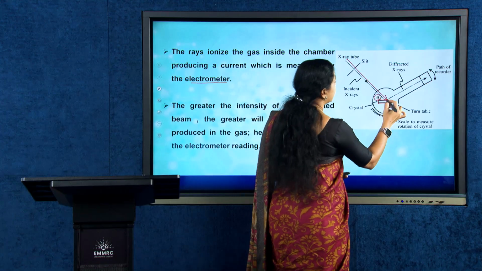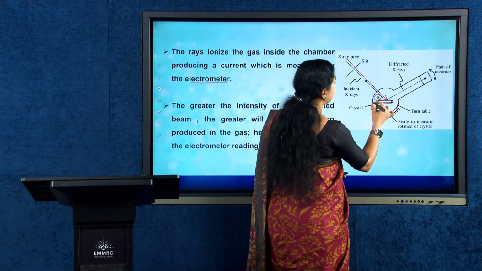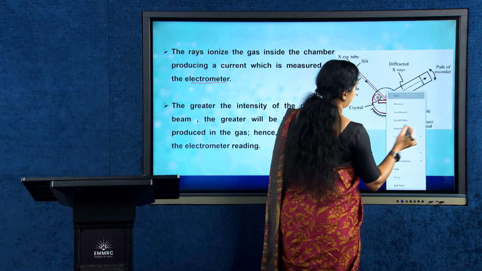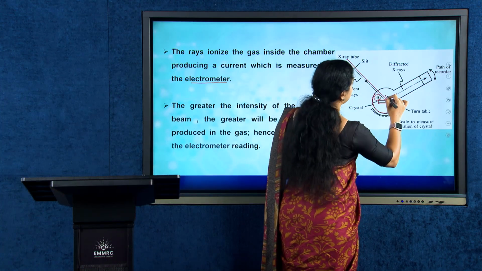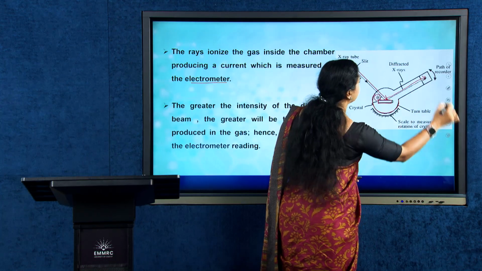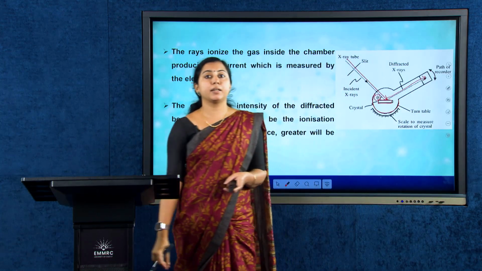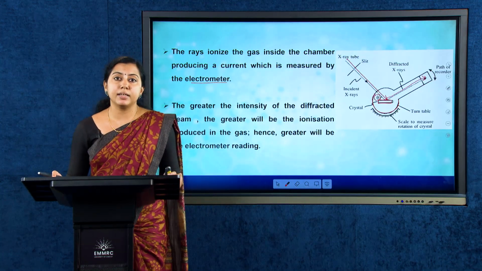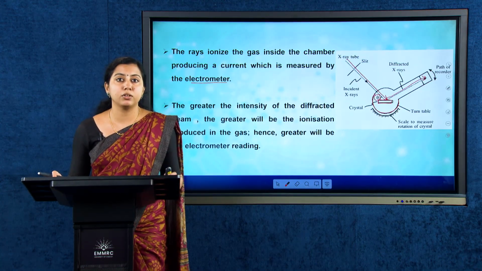The crystal is placed on a rotating disc which can be rotated. The diffracted rays from the crystal are allowed to fall onto the detector, and the detector used here is an ionization chamber which contains an easily ionizable gas like sulfur dioxide.